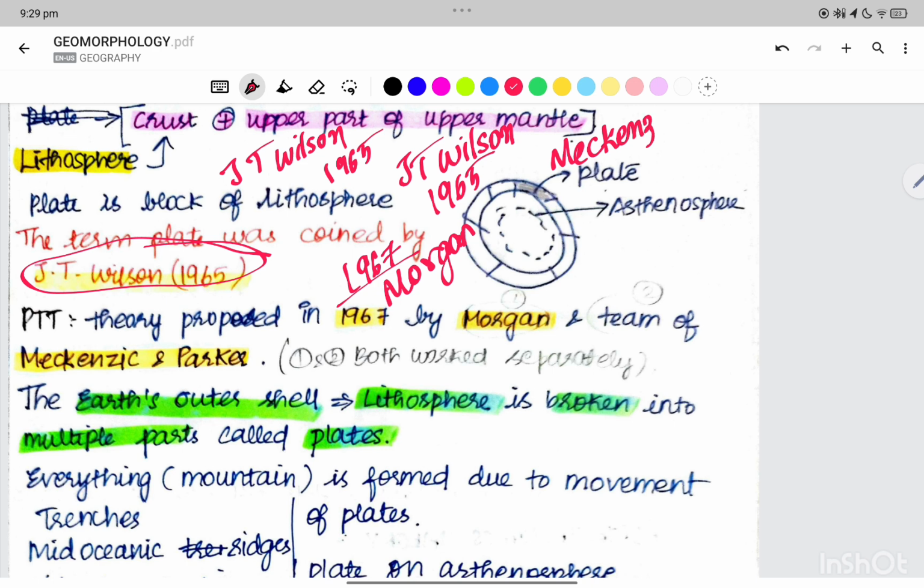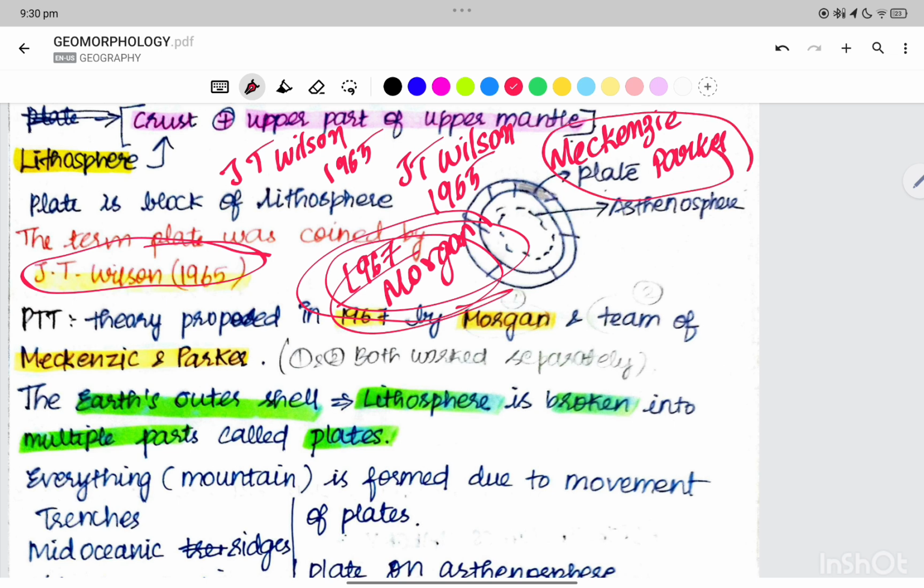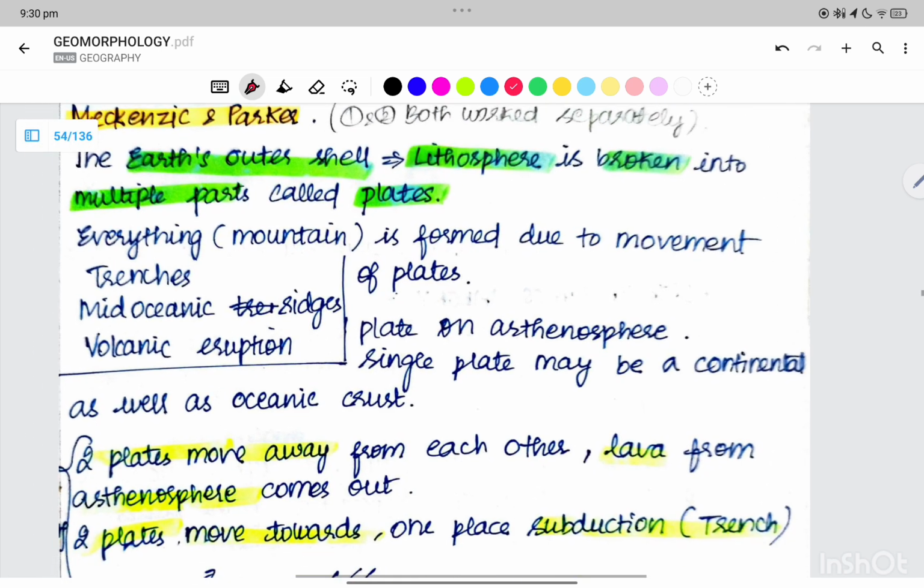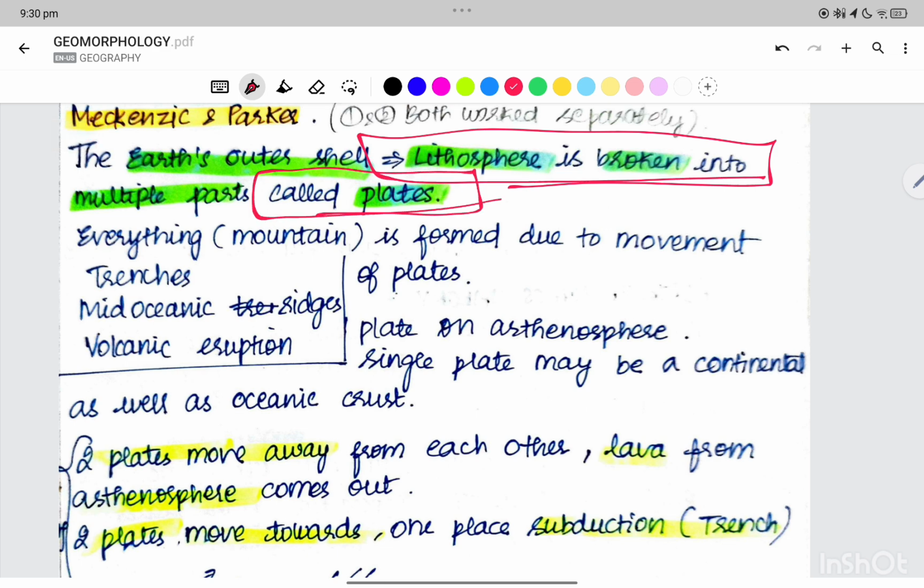According to them, the outer shell, the lithosphere, is broken into multiple parts, and these are called plates. So what is a plate? The lithosphere which is broken and divided into multiple parts is called the plates.